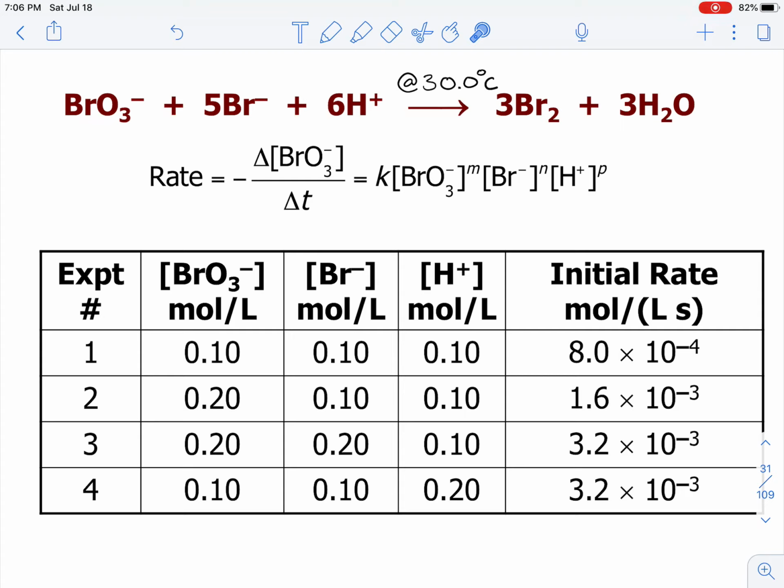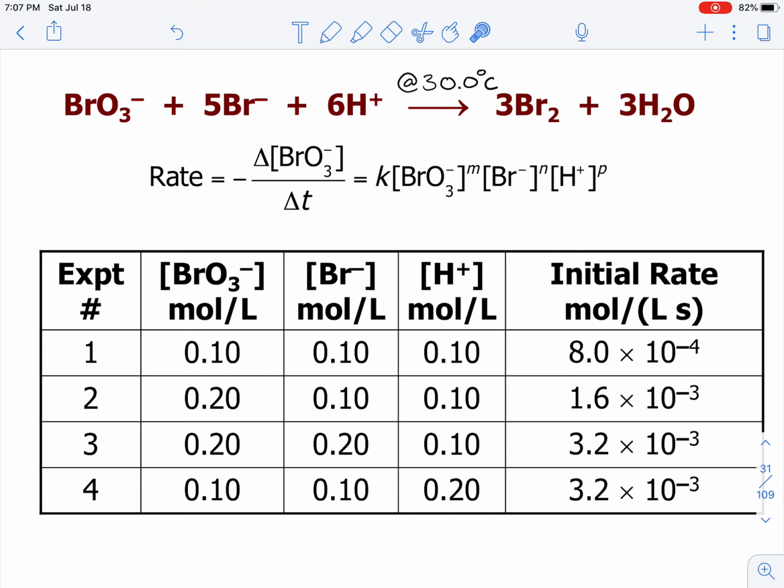Also, we will learn how to determine the rate law from a given set of kinetic data in which the initial concentration of reactants among experiment 1, experiment 2, experiment 3, and so forth do not cancel. So we're going to look at that scenario near the end of this lecture video. So let's get started with our first example.